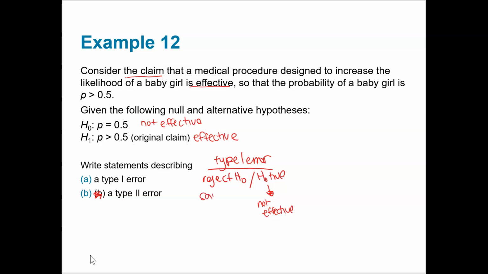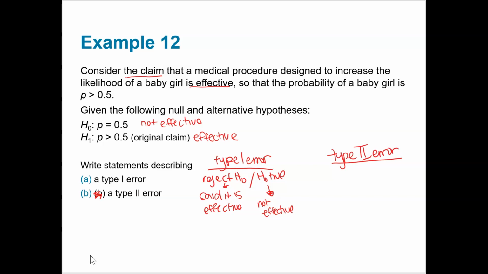I said that it is effective because I rejected it. By rejecting the null hypothesis, I was essentially saying it is effective, but really the null hypothesis was true, which is it's not effective. That's a big deal. If I say something's effective and it's not really effective, that's a big error. Type 1 errors are more commonly considered bigger errors. Like type 1 errors are bigger deals than type 2 errors.